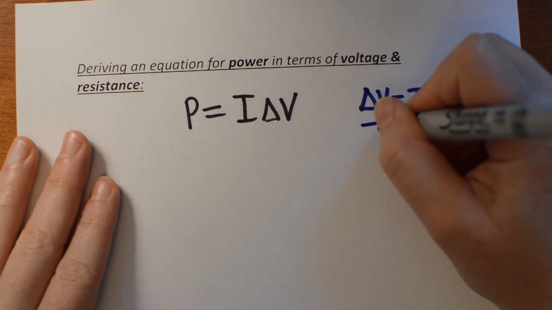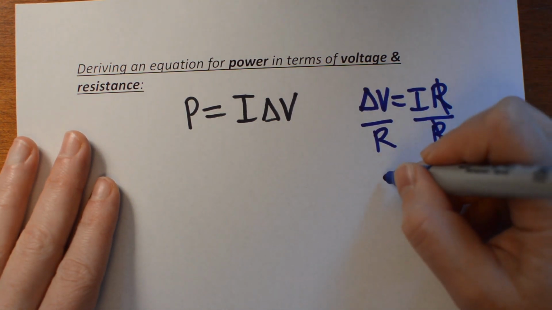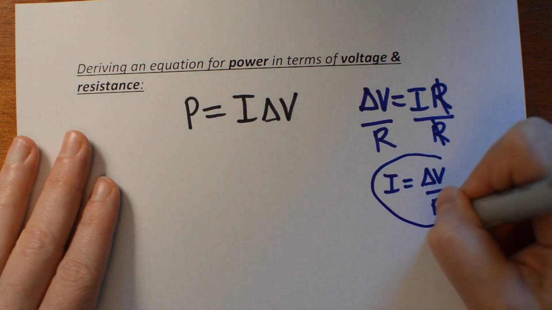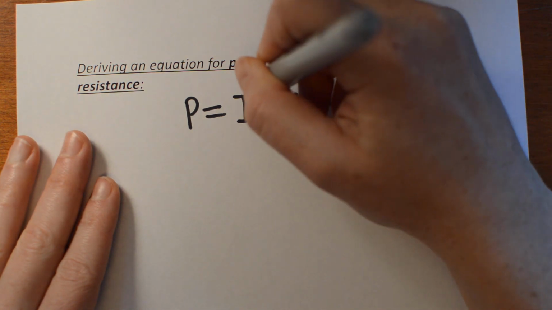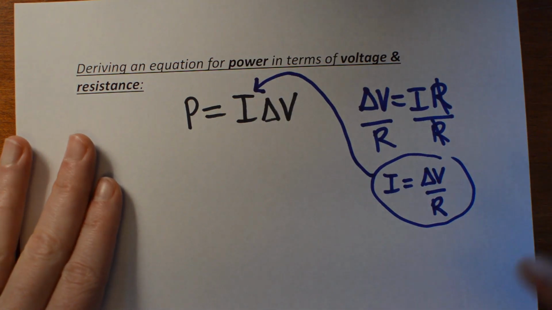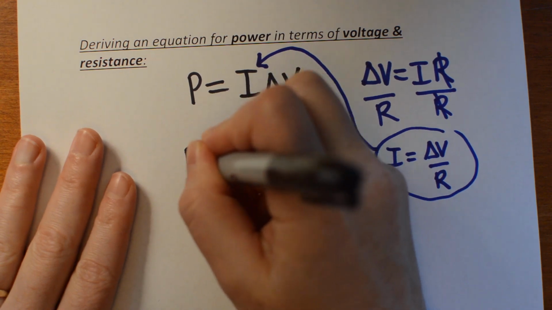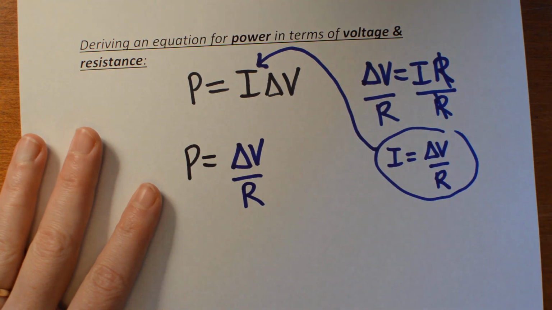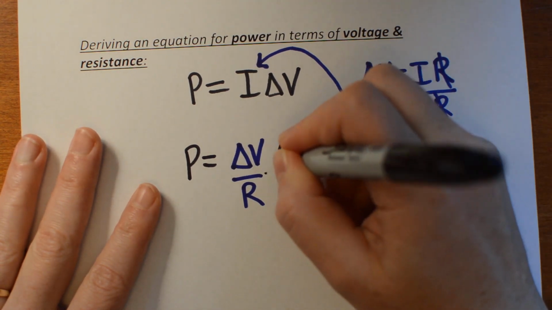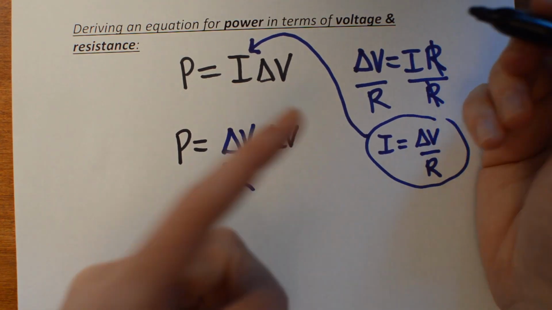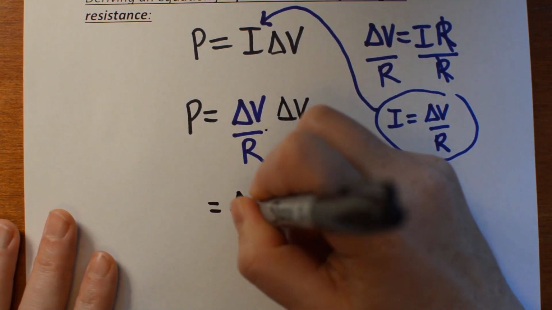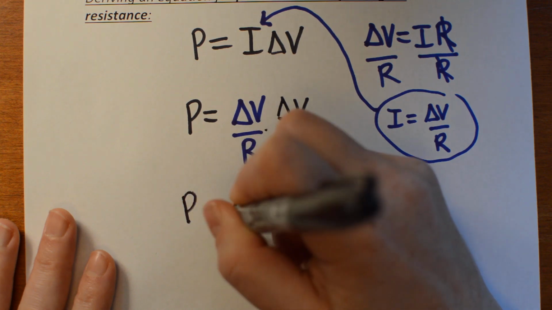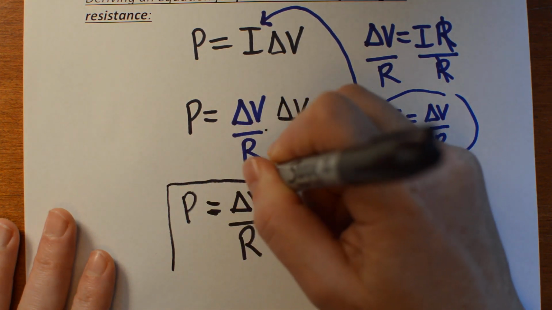So divide both sides by R, and I get I is delta V over R. Let's take that equation and plug it in here for the current so we can get rid of the current. So I'll have power is, instead of I, delta V over R, and that's times delta V. So that gives me delta V times delta V on top, which is delta V squared, and then divided by the resistance on the bottom. So that's a third equation for electrical power.